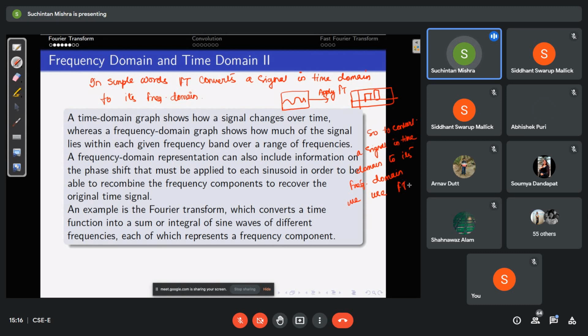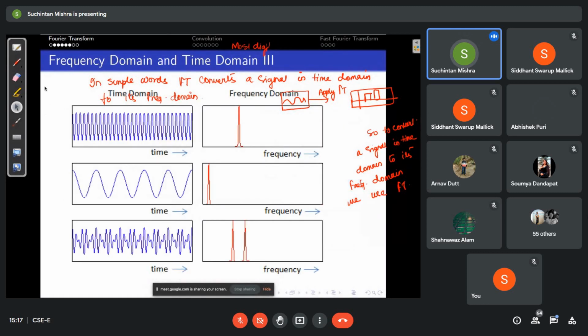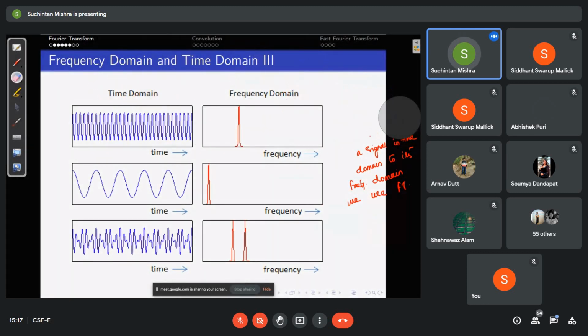Basically, Fourier transform is a mathematical tool that can convert the time domain signal into its frequency domain. Now you will ask the question, why should I go for frequency domain if the signal is already represented in time domain? Most of the digital systems, there is a slide actually, let us go to that slide. Before that, let us see some examples.